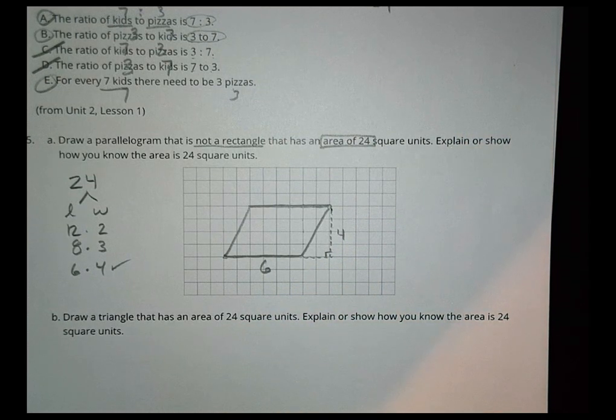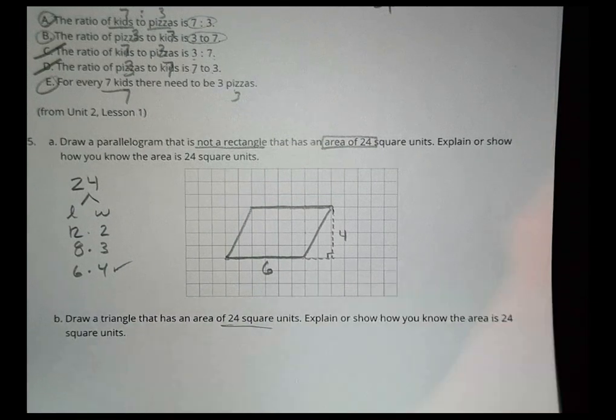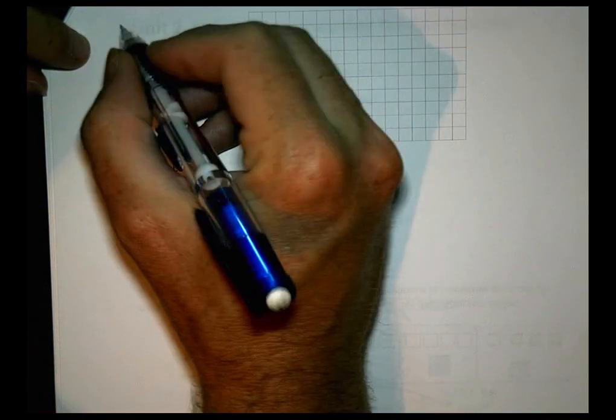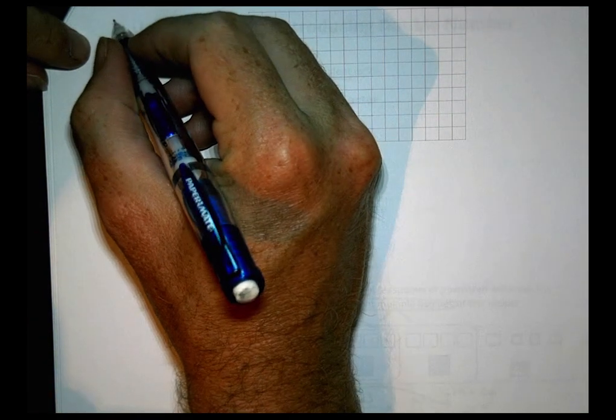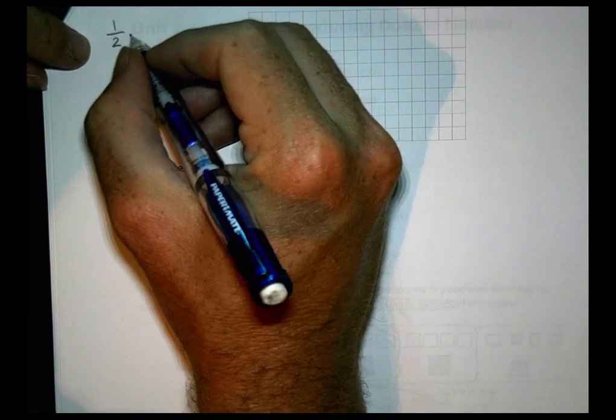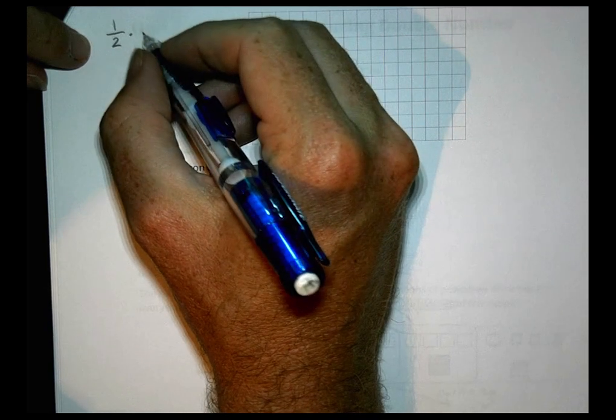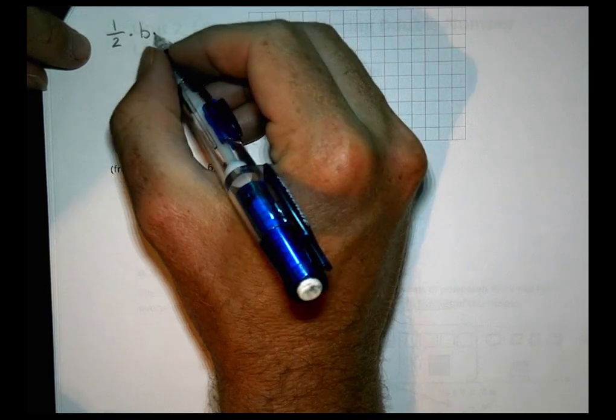All right. Next one says, draw a triangle that has an area of 24 square units and explain or show how you know. So let's look on the next graph paper. And we want a triangle with 24 square units. So thinking back to what we know about triangles, the area of a triangle is going to be 1/2 of the area of a rectangle, which is the base times the height.